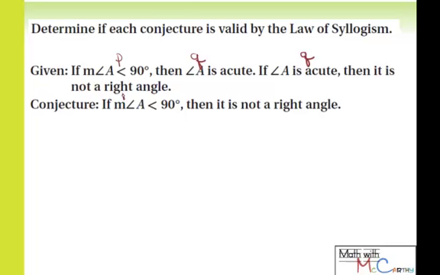That's something new, so we're going to call that R. So our conjecture is if the measure of angle A is less than 90, which is P from up here, then it is not a right angle, which is R. So yes, this is a valid use of the law of syllogism. P implies Q, Q implies R, P implies R is our conjecture.